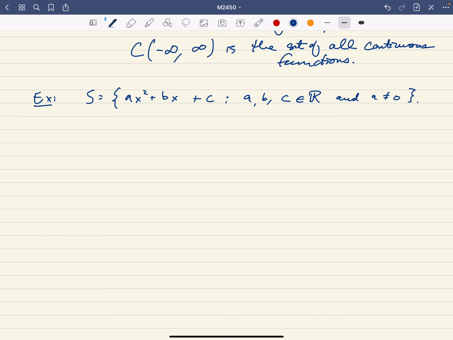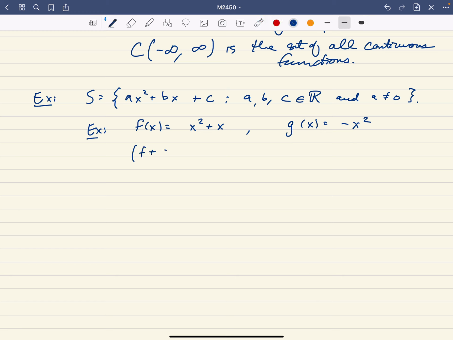Okay, this is not going to be a vector space, and the reason is that it's not closed under addition. If you add two polynomials of degree exactly 2, you don't necessarily get another polynomial of degree 2. So for example, if you were to take one polynomial, say x squared plus x, and another polynomial, say negative x squared, when you add these two polynomials, what are we going to get?